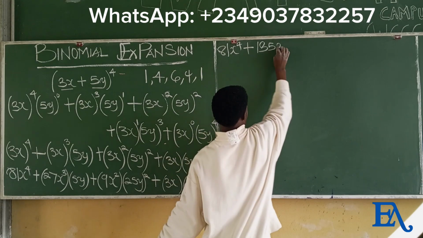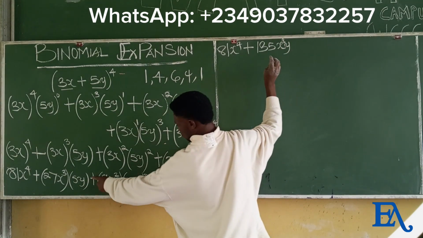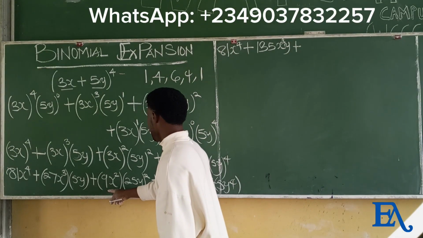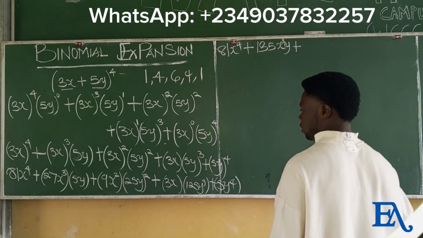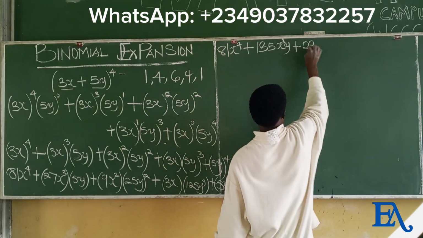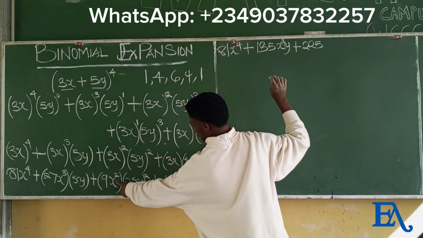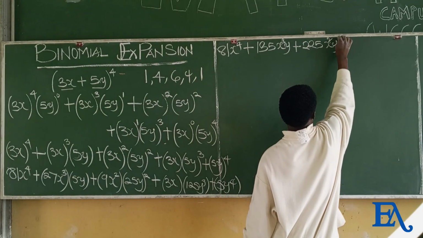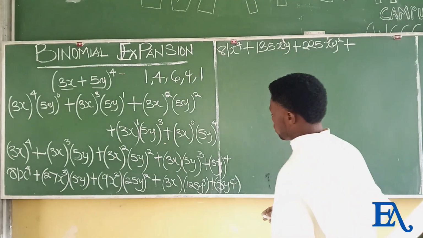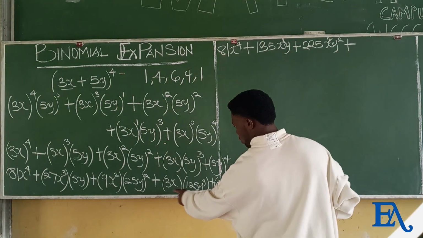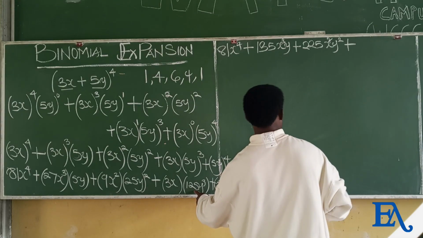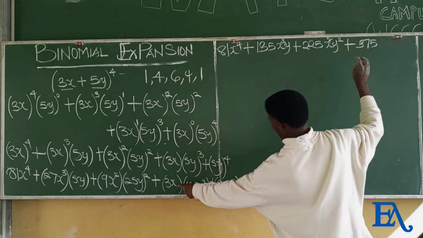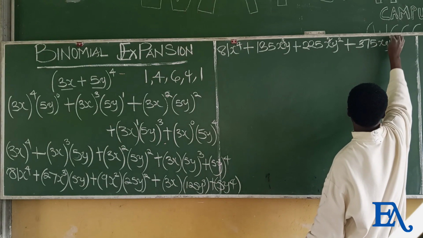Then x cubed and y raised to the power of 1 plus the next is 9 times 25, and 9 times 25 is 225x squared y squared, plus the next is 3 times 125, and 3 times 125 is 375x then y raised to the power of 3.